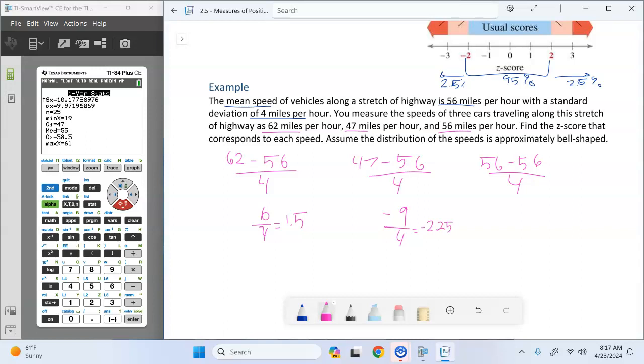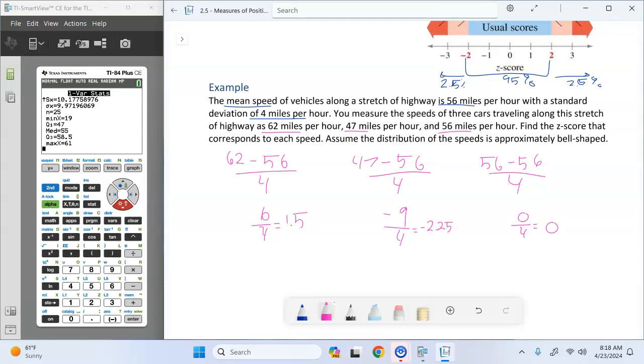And then 56 minus 56 is 0, divided by 4 is 0. So that's the z-score for each of those cars: 1.5, negative 2.25, and 0. That's the number of standard deviations above or below the mean.